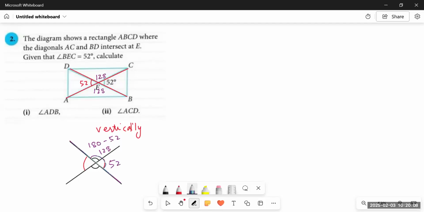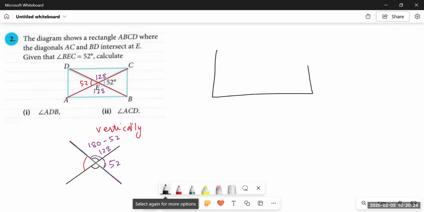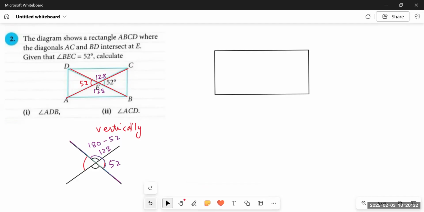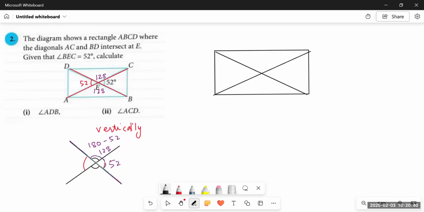Now, after this, we'll talk about the two diagonal lines. Look, when we have a rectangle and there are two diagonal lines, these sides are equal to each other.